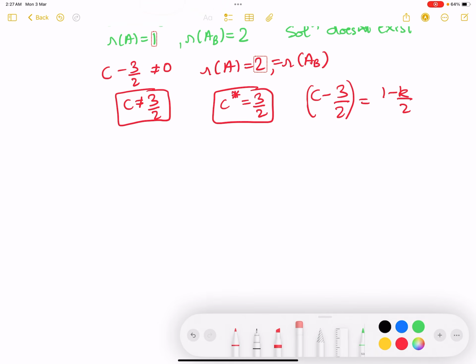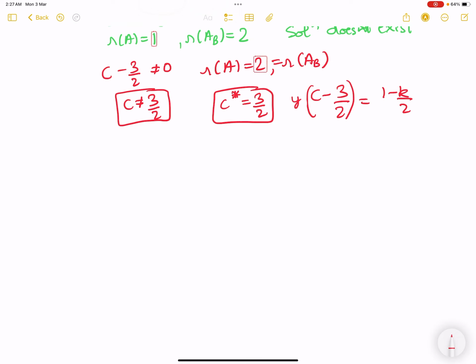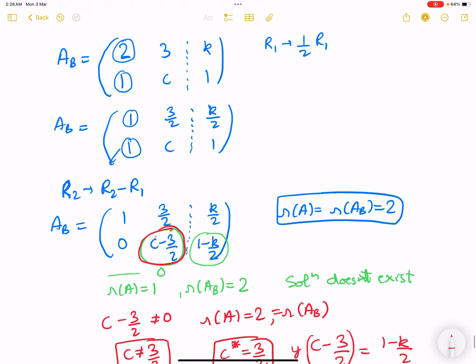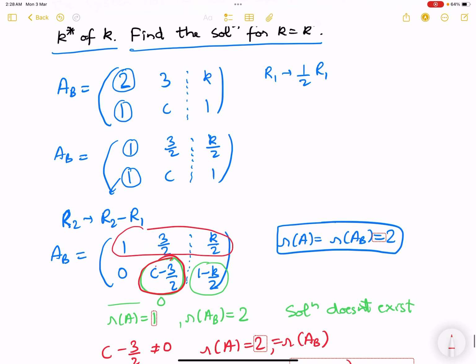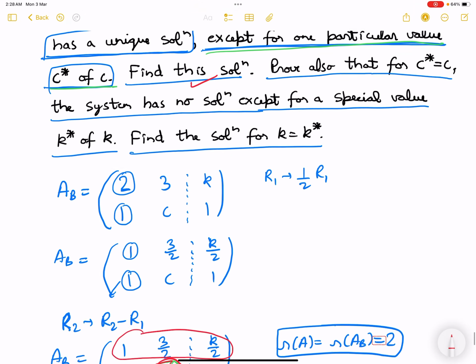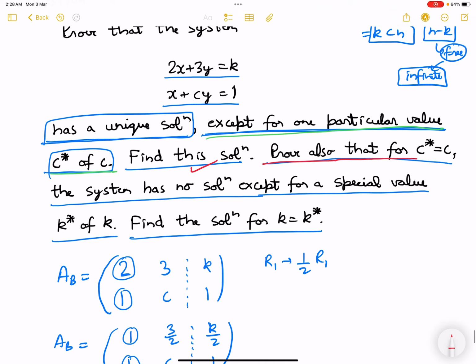So y times this equals this: (2c minus 3) y equals (2 minus k) upon 2. So this 2 cancels out, and we have the value of y as (2 minus k) over (2c minus 3). And accordingly, if we substitute this back into this equation, we'll get the value of x as well.